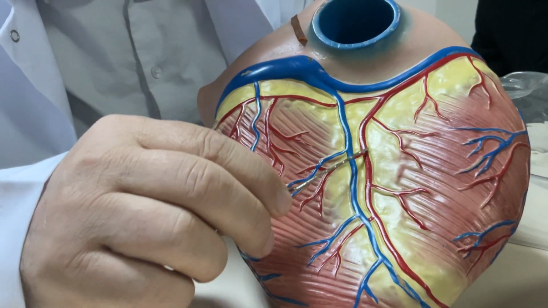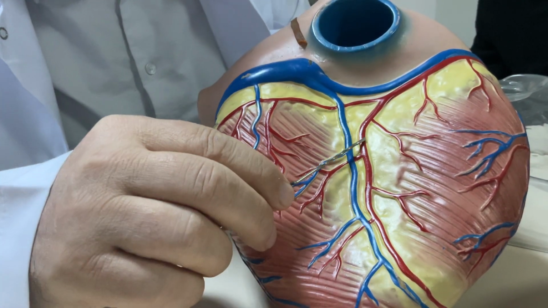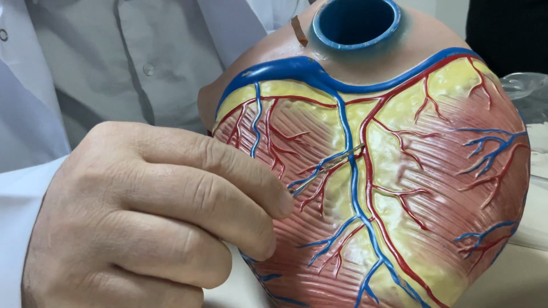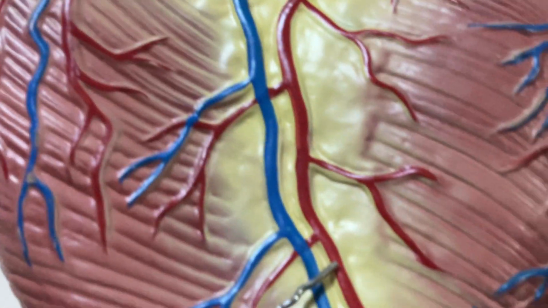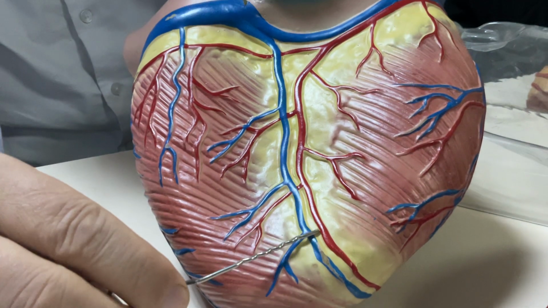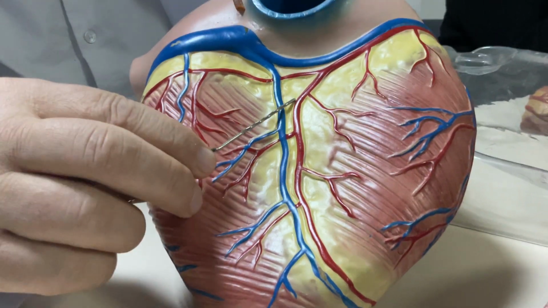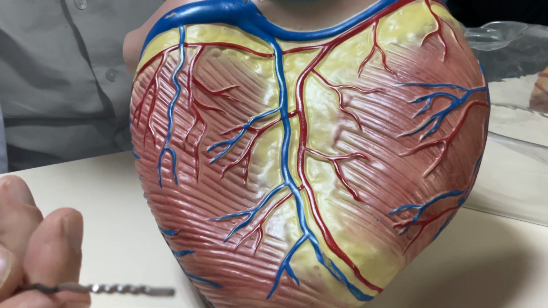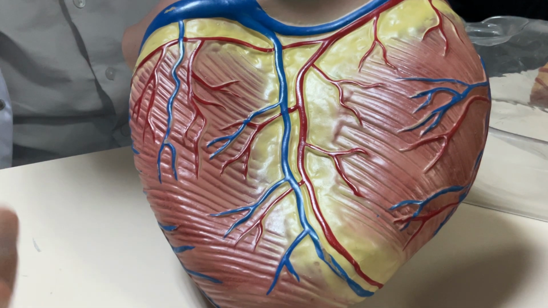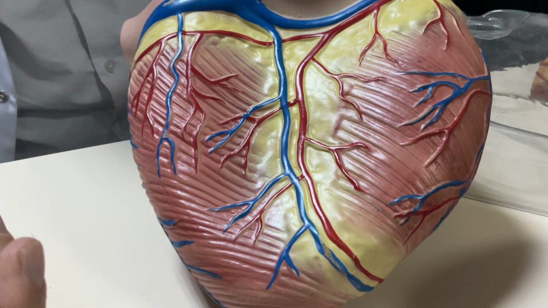The PDA. Now, during the lecture, I didn't cover, but there are septal branches arising from the PDA. They supply the posterior half of the interventricular septum.